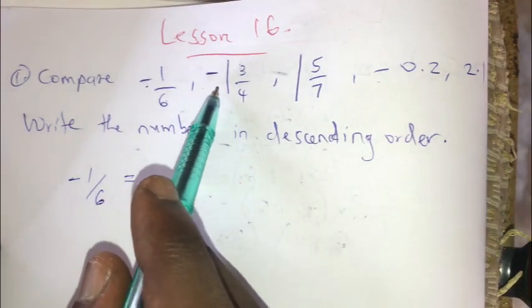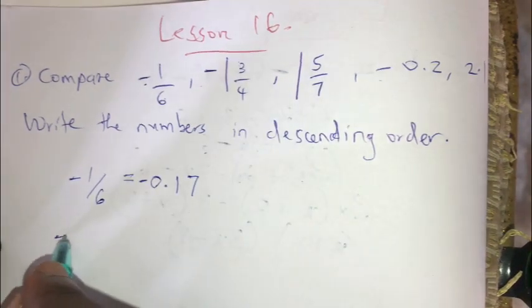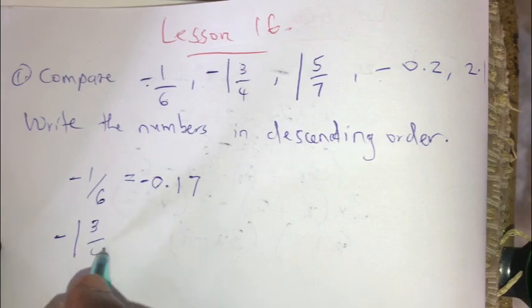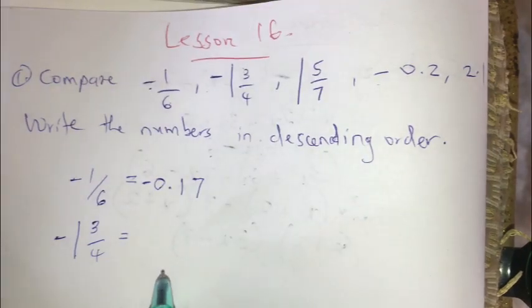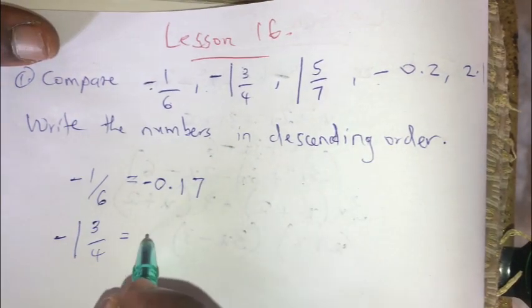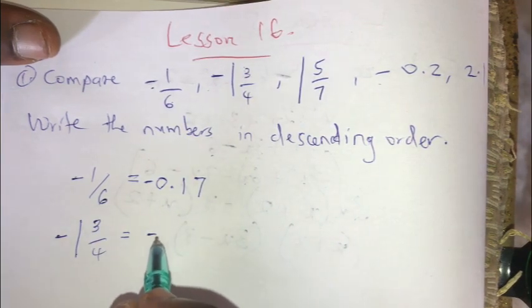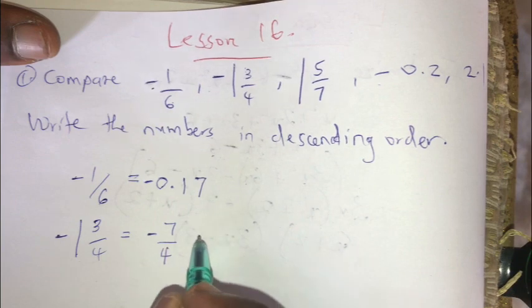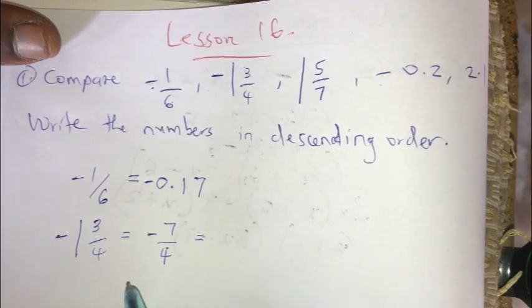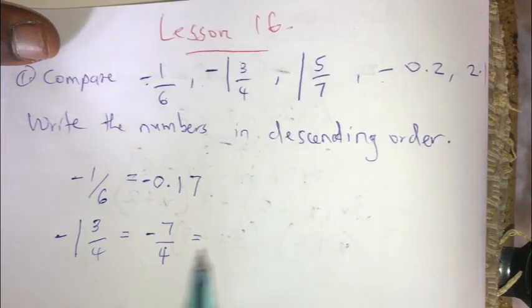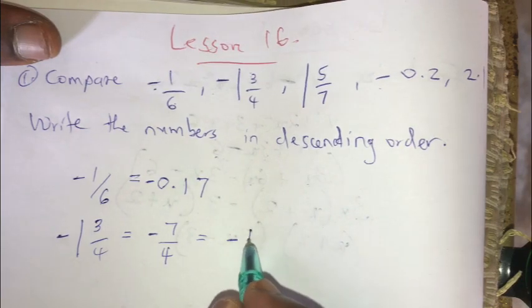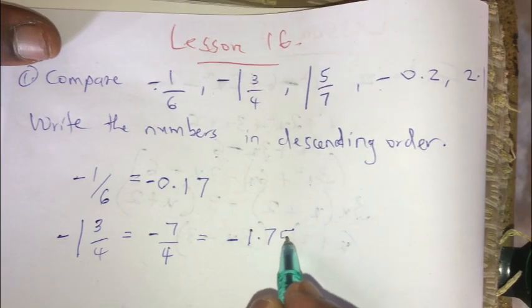Now let's take -1 3/4. Changing it to an improper fraction, 4 times 1 plus 3, that will be 7, so 7/4. Then change 7/4 to a decimal, so that will give you -1.75.